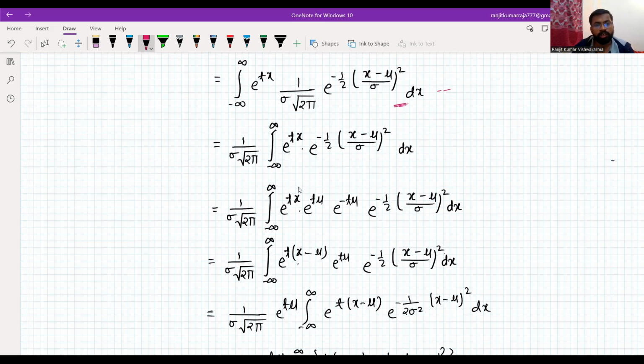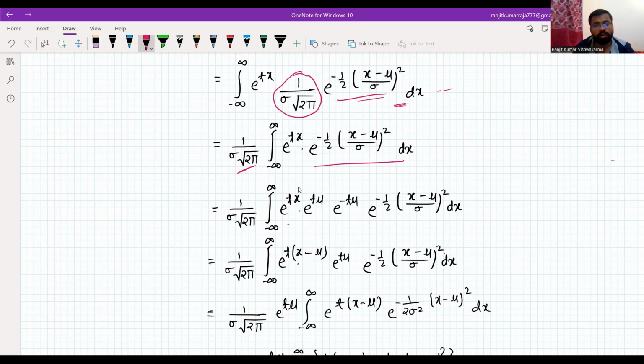First, I have taken this term outside the integration because it is a constant term. So 1 by sigma root 2 pi, and the integral from minus infinity to infinity of e to the power tx times e to the power of the rest of the term. After this, I have tried to separate this term.